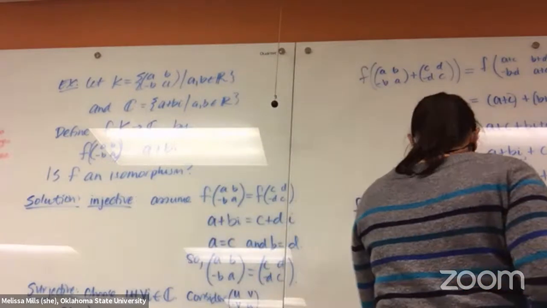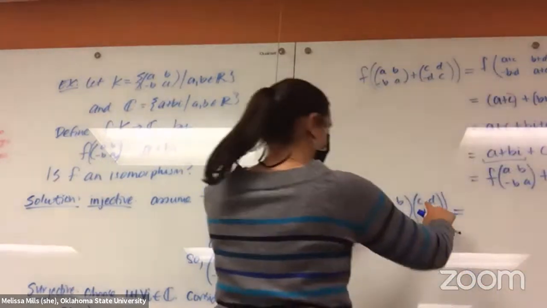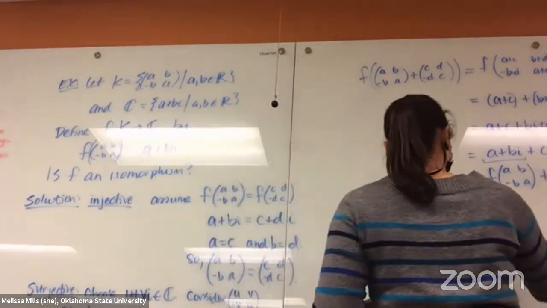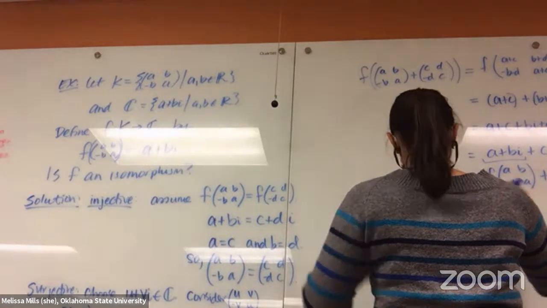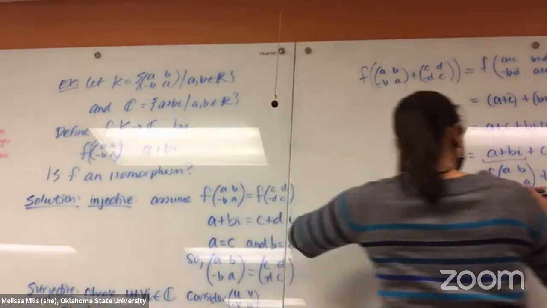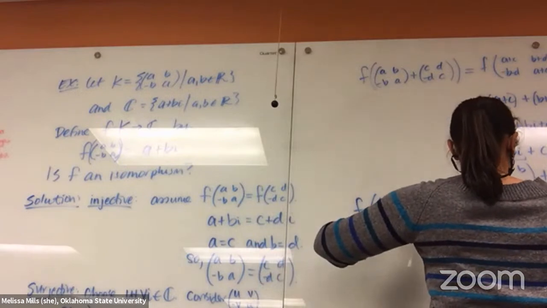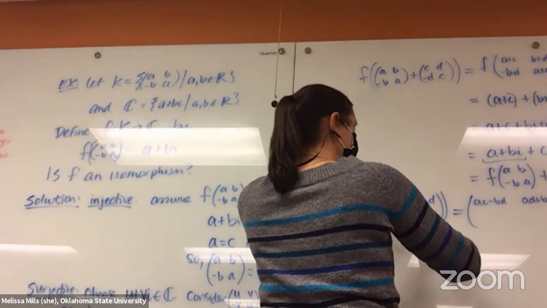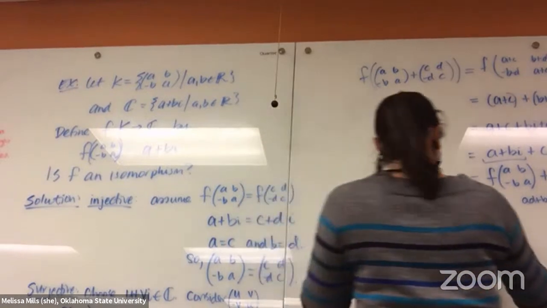So we'll see. Okay, so let's do our matrix multiplication. So remember, we go AC minus BD, AD plus BC. Then we'll get negative BC minus AD. Hey, it might work.